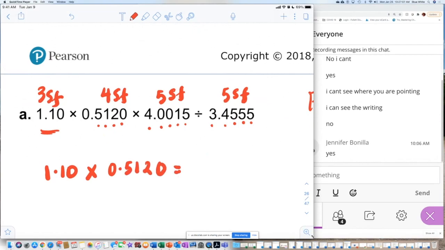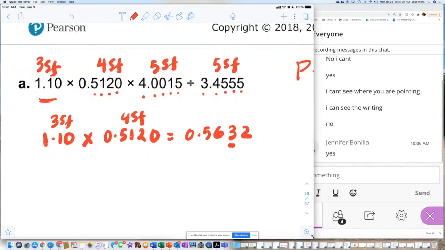So I'm going to do this part first. I pull out my calculator, and I have 1.10 times 0.5120, and I end up with 0.5632. Since this was 3 significant figures and this is 4 significant figures, my answer has to be rounded up to this position right here.